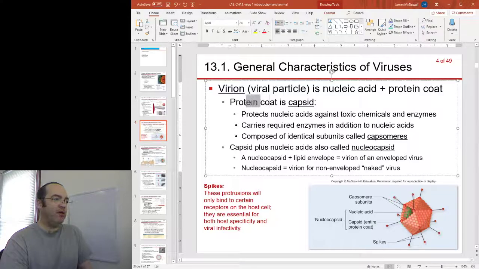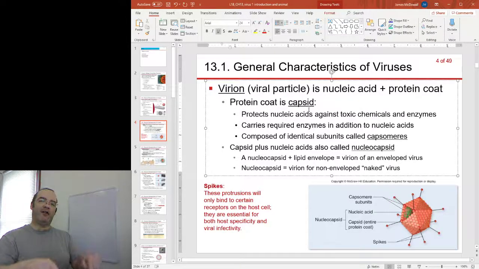The protein coat is the capsid, and then the nucleic acid material gets packaged up inside the capsid. Also inside the capsid you find enzymes and other chemicals that the virus will use once it's infected the next host cell.